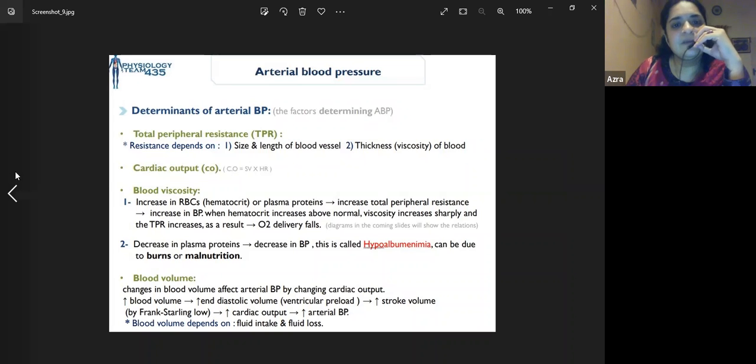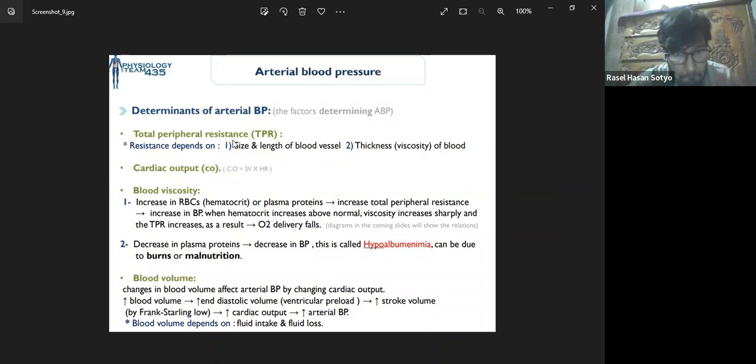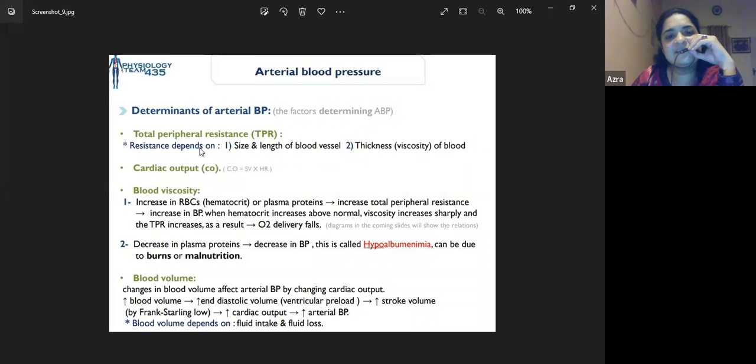Okay. So in the determinants of arterial BP, total peripheral resistance depends upon the size and length of blood vessels, and the thickness, meaning viscosity, of blood.